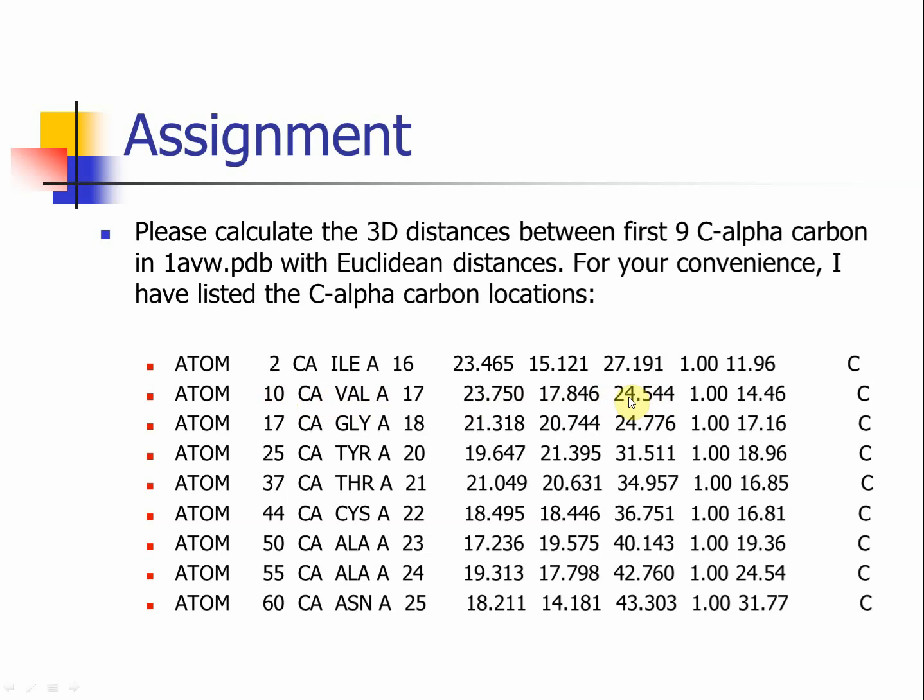For your convenience and to verify your work, I have listed all of those 9 C-alpha carbon locations here. All you need to do is calculate the mutual distances to store the structure of this protein segment that I have listed. So this is an assignment. I want you to submit it through Blackboard so that you can have some practice understanding how we store the 3D structures.